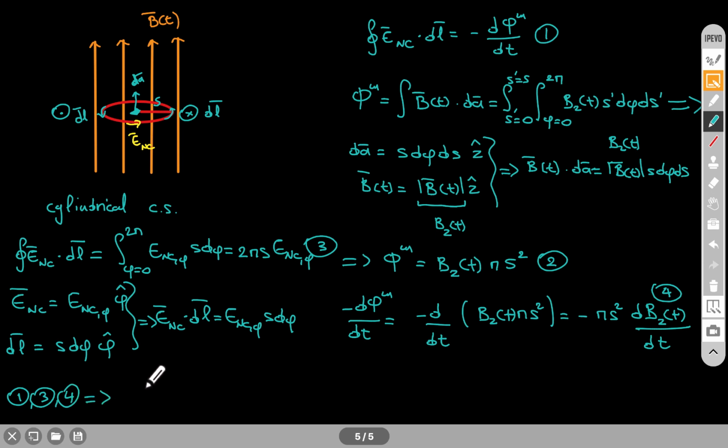We get that the phi component of the non-Coulomb electric field is equal to minus pi s squared divided by 2 pi s, and then the time derivative of the z component of the magnetic field. And of course we can cancel out the pi with the pi and the s with the square, and this will give us minus s over 2.